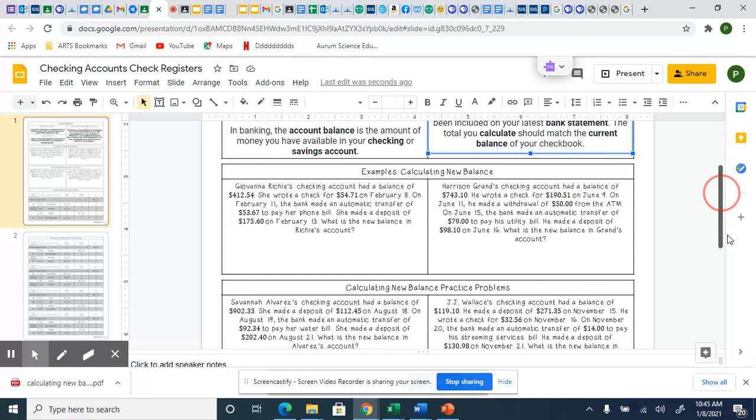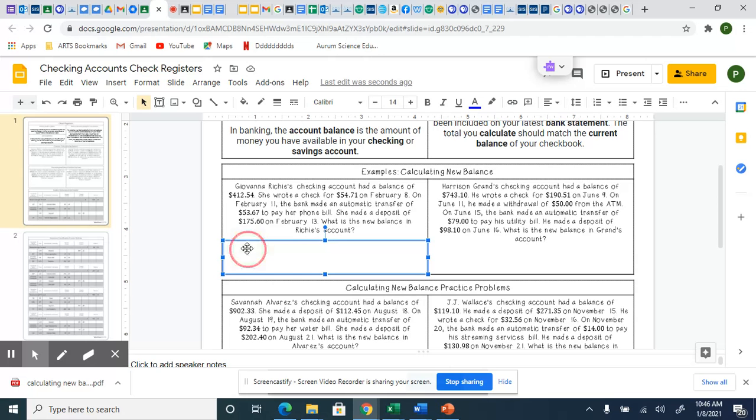All right, so then we've got problems to do here. Giovanna Ritchie's checking account had a balance of $412.54.